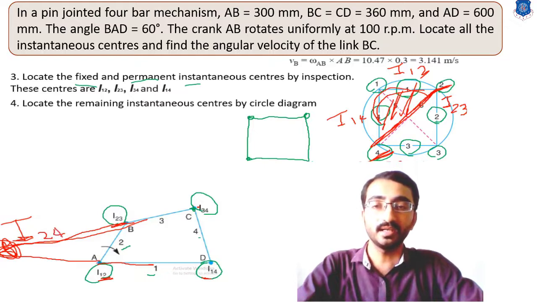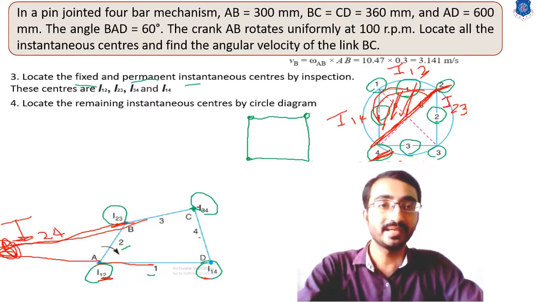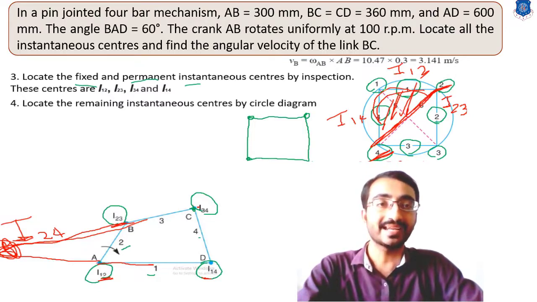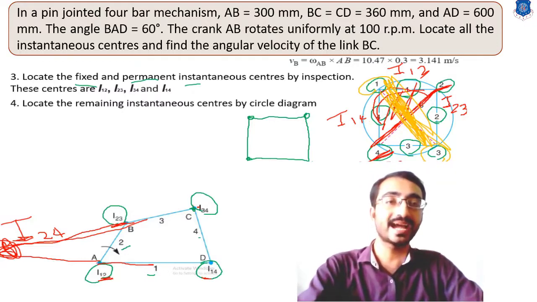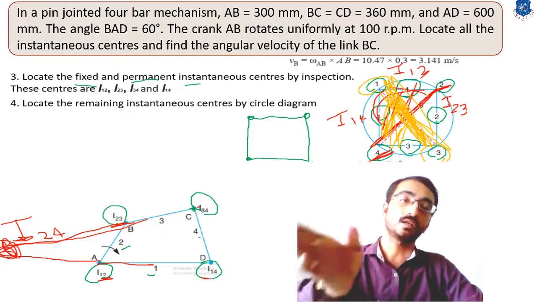Okay, similarly the remaining one. To locate the remaining one, that is I13, observe this diagram properly. To connect I1 and I3, we have to make a triangle in 2 ways. We have 2 options: either we connect the bottom triangle or the upper one.